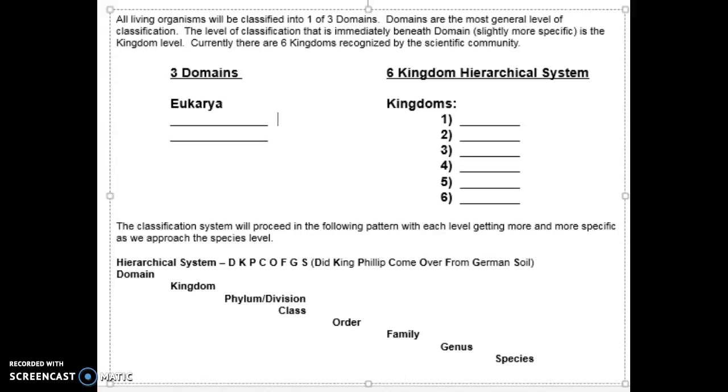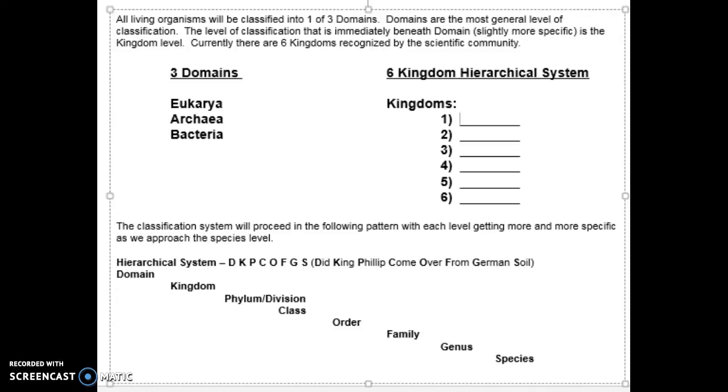Domain Eukarya, domain Archaea, and domain Bacteria. Now you'll see different derivatives of this. It might be domain Eubacteria, domain Archaea bacteria. Subtle differences, but those are the 3 recognized domains in the scientific world.